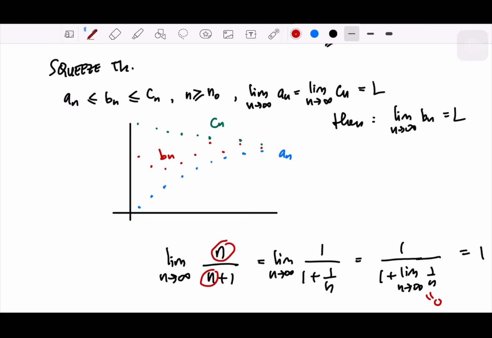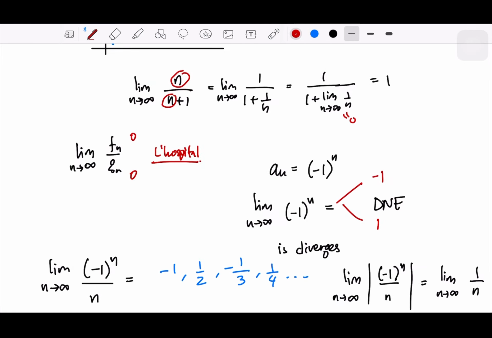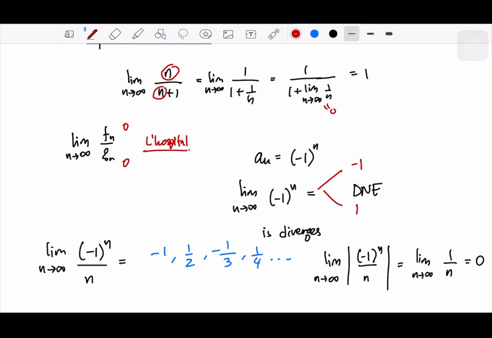And we know that if the limit of a_n and the limit of c_n have the same value, then the middle one should have the same value as well. Okay, and also you can use L'Hopital's rule because that is also a limit, whenever you find 0 over 0 situations. So whenever you find an indeterminate form in a limit, in our case, you can always apply L'Hopital's rule.